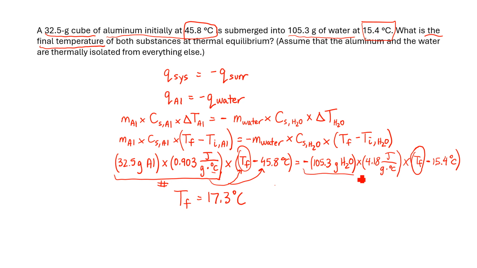You could do the same thing on this side, get a number for these two, distribute that over, and then you can move some of the numbers over and solve for T final, and you should get 17.3 degrees Celsius. If for whatever reason you're having a hard time with the math on that one, you can come talk to me or your recitation instructor on how to get that. But at least you know the setup for this problem and how to solve for the final temperature once the aluminum and the water have reached thermal equilibrium.